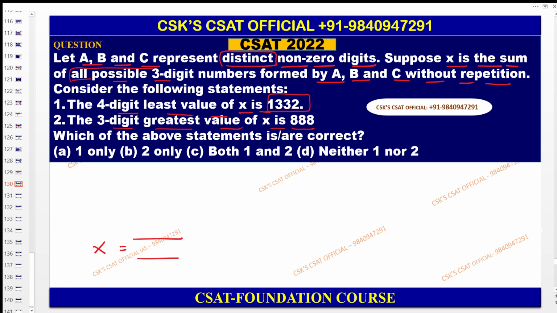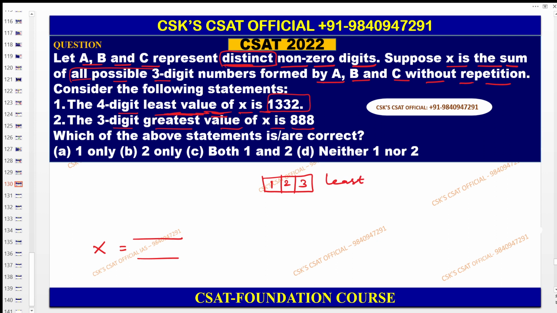In order to get the least value, you can go with the very least one. So which is the very least 3-digit distinct number? Distinct means if you take 1 first, then the next one is 2, the next one is 3. So this is nothing but the least.